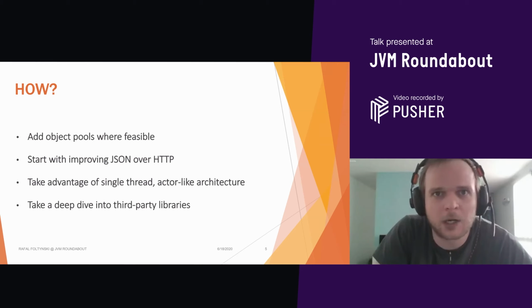So how are we going to do this? I'm going to show you how I added some object pools where feasible. The library I'm talking about will use JSON. It will send JSON over HTTP, so I'm going to show you how I optimized that.